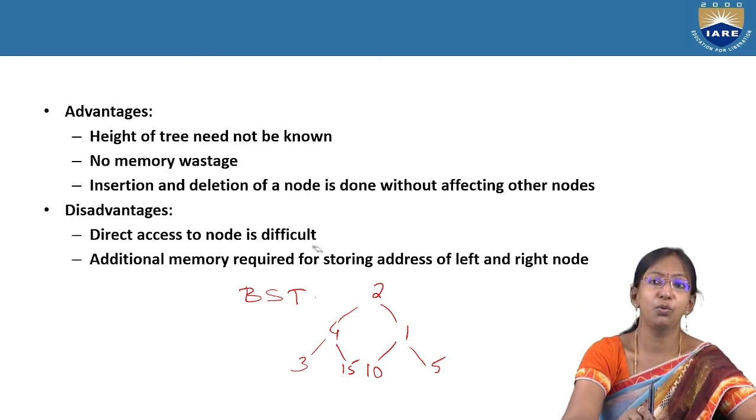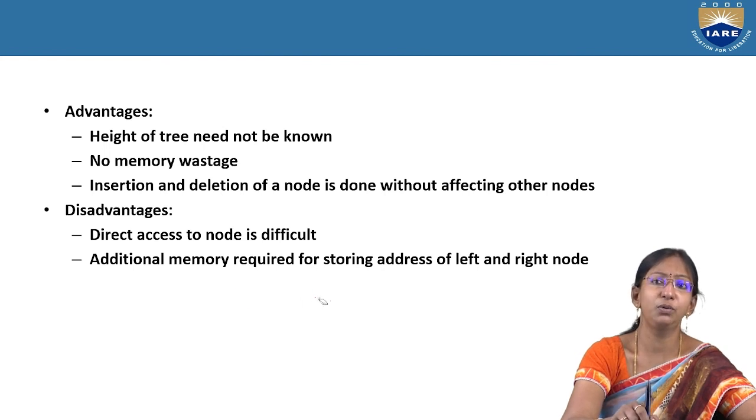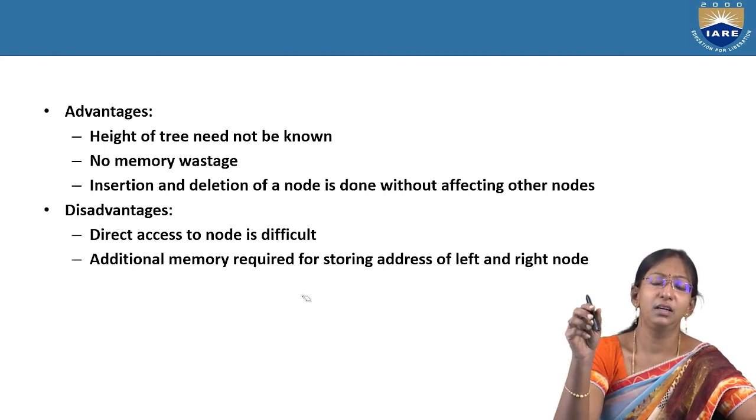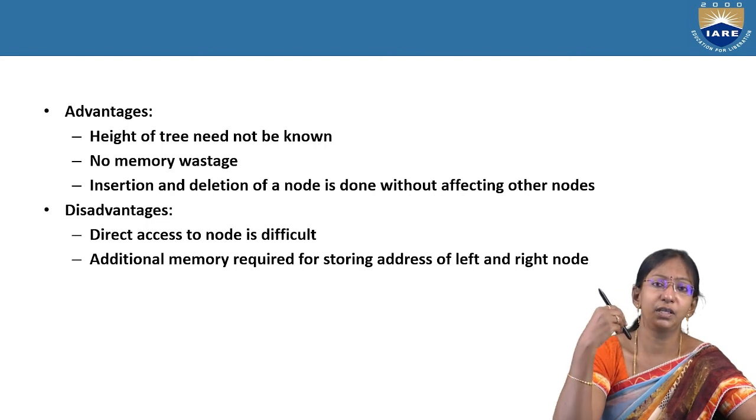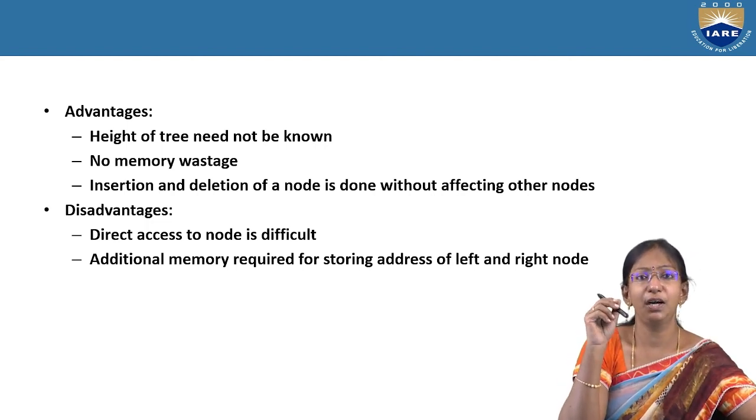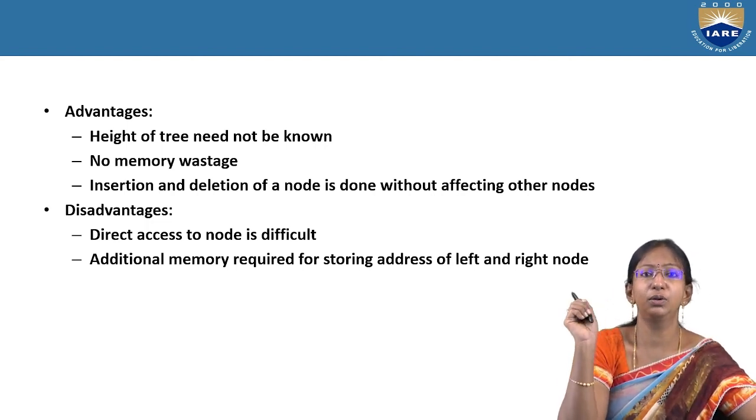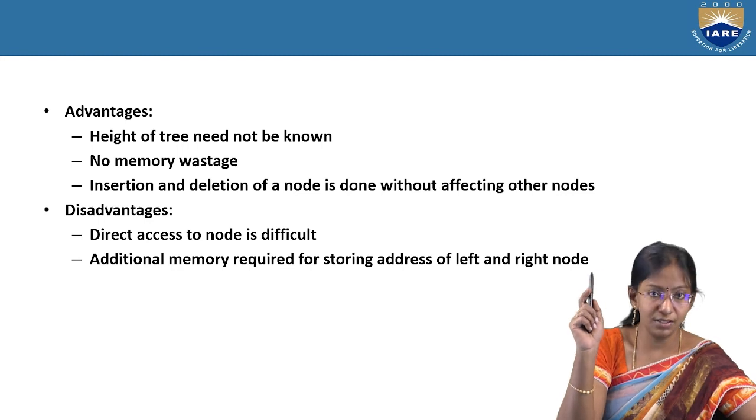So BSTs overcome that. In BSTs, binary search trees, they impose a rule saying that the left node of any tree must have a value which is less than or equal to its parent, whereas the right child must have a value which is greater than its parent. Then what is the advantage of this?